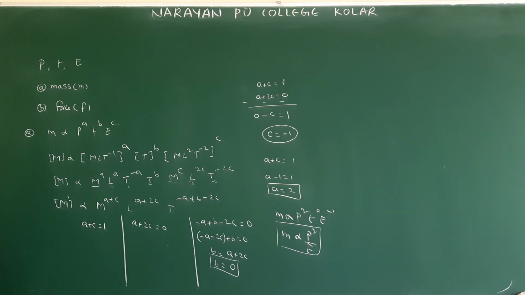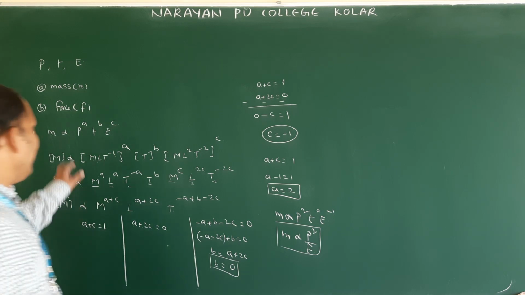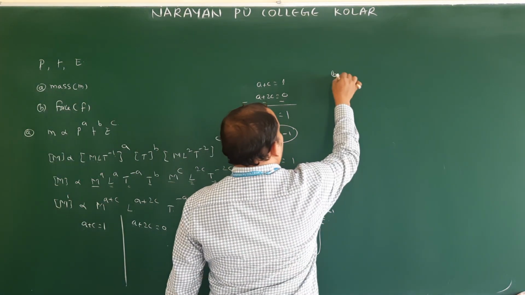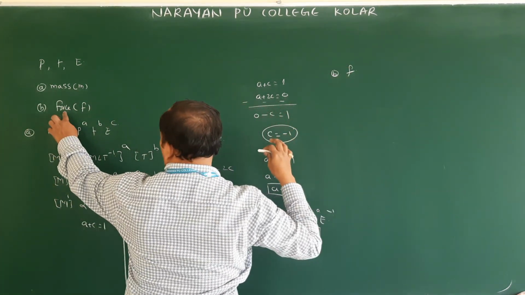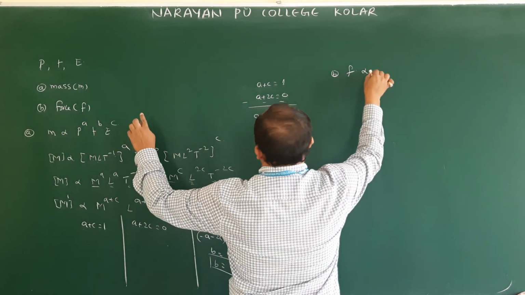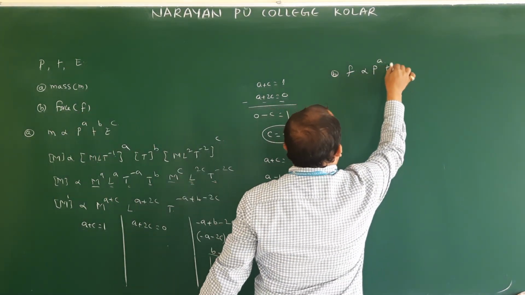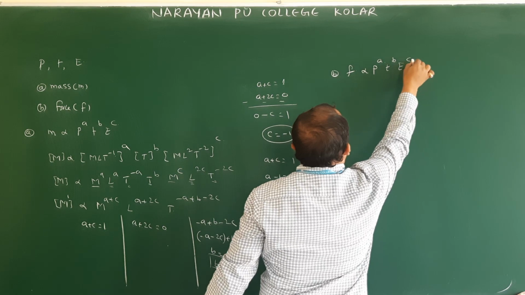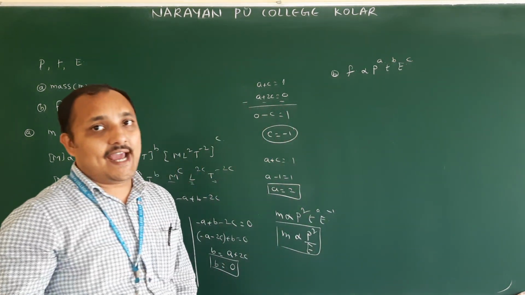In the time, you didn't get it, isn't it? Same equation you got; simply they have P square E power minus 1, but we wrote it like that. Next, they are asking force. Again try to do it like this. F is directly proportional to P power A, T power B, E power C, as it is.